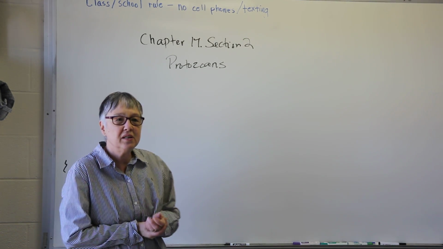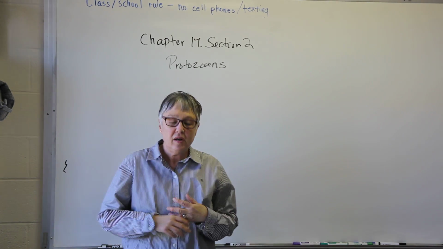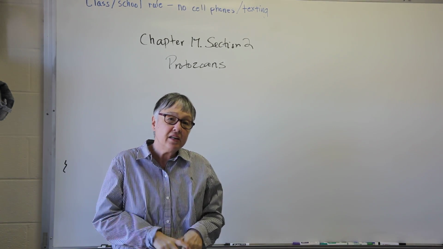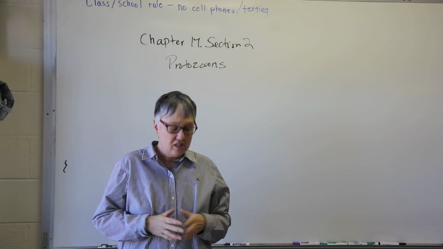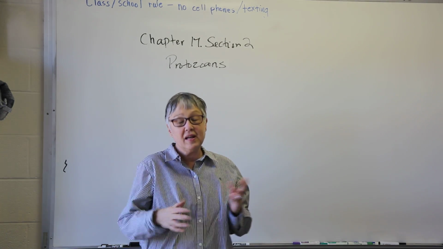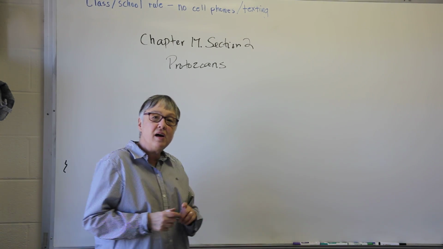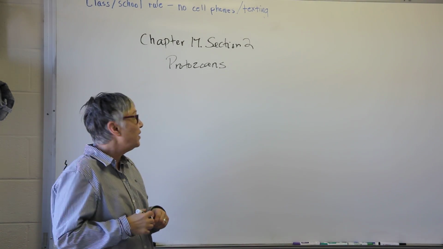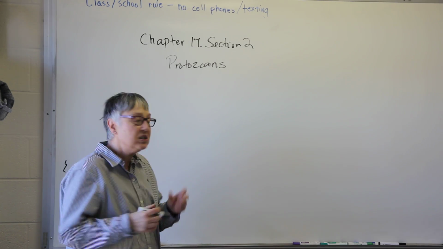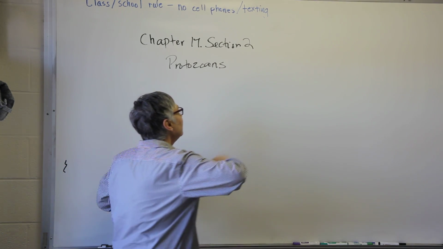Last time we were talking about a group of eukaryotic organisms, unicellular organisms that were classified as protozoans. And we talked about 4 categories, or I listed 4 categories based on some structural differences.